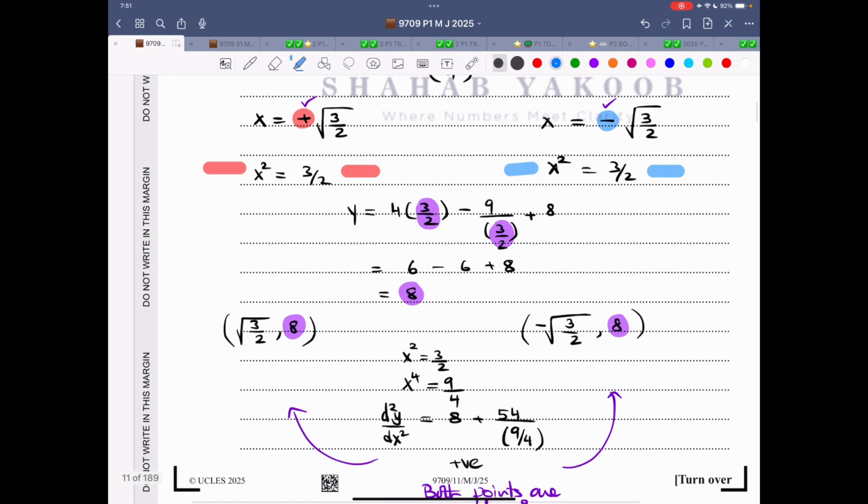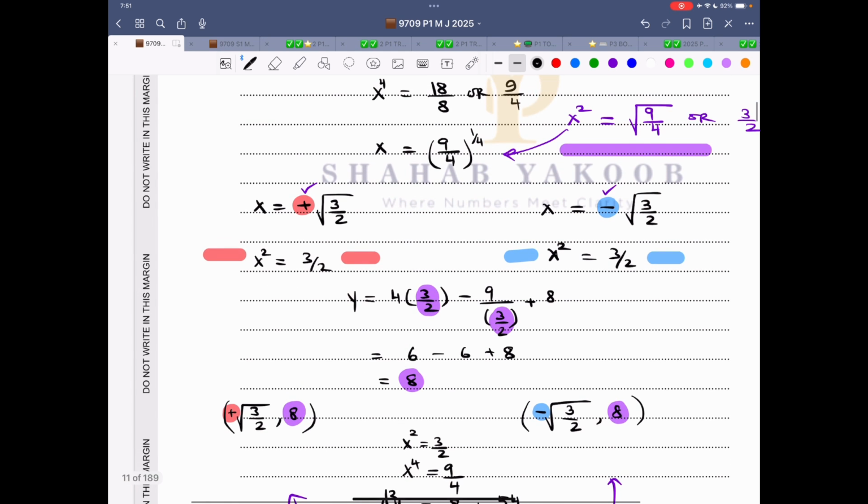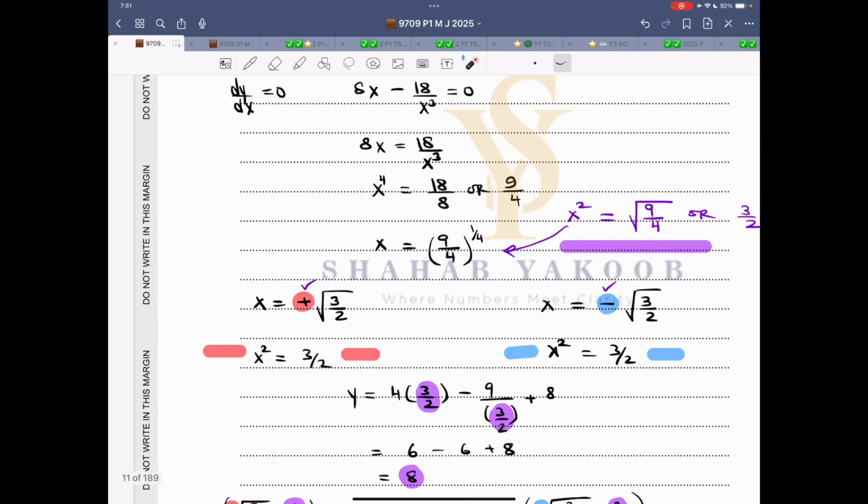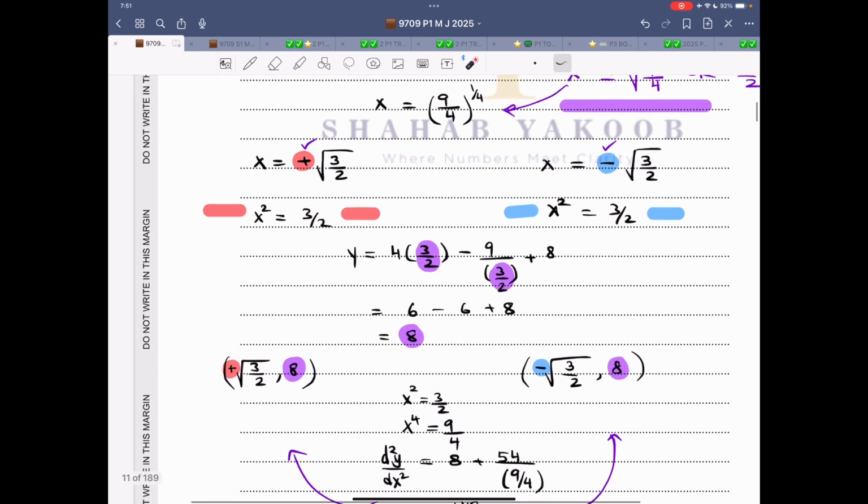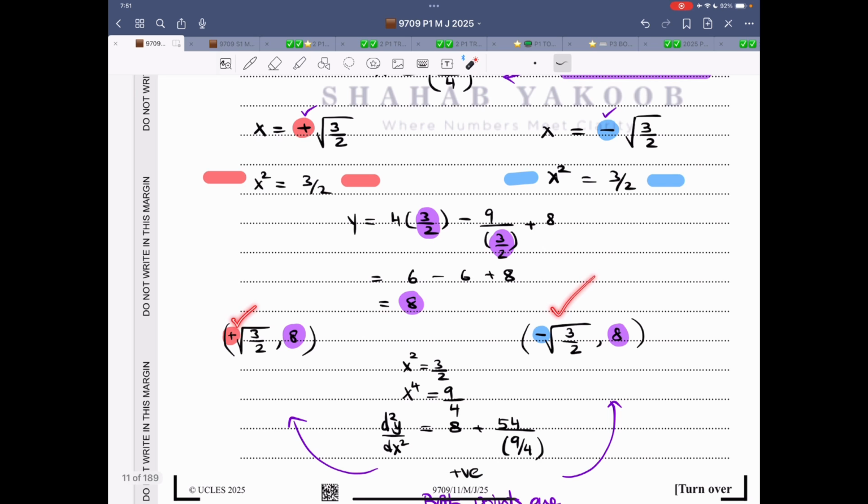And then there are two different x coordinates, one with a negative sign and the other with a positive sign. I hope you got this all clear over here. Now this was a lot of working, not difficult working, but a lot of working. So remember, dy by dx equals 0. x to the power of 4 is this thing. x squared is the square root, again take the square root of x squared, that is (9 over 4) to the power of 1/4. We have a plus, we have a minus. So two possible x coordinates over here, but one single y coordinate.